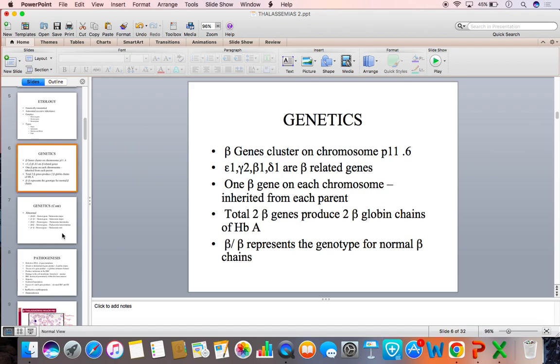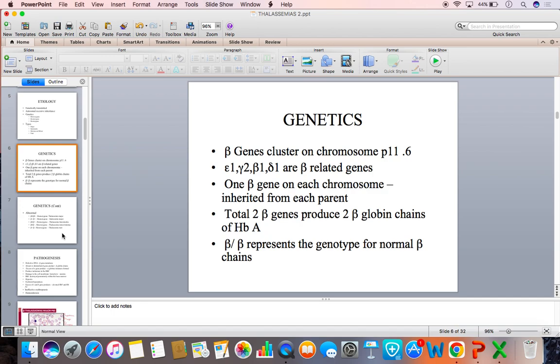Then alpha 2 and beta 2 is the configuration of adult hemoglobin. And alpha 2 and delta 2 is HbA2, right? Epsilon, gamma, beta, and delta are the products of beta related genes.